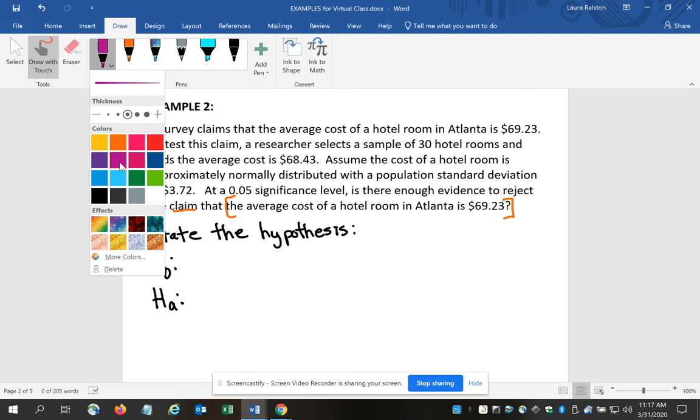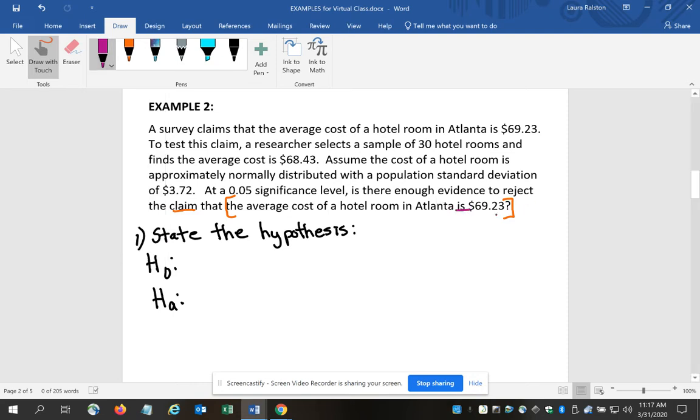And the key word that I see here is the word is. I hope the word is makes you think of equal. And so that means that this particular statement happens to be your null hypothesis. So we're saying the mean is $69.23. And this was the claim that was originally stated in the story.